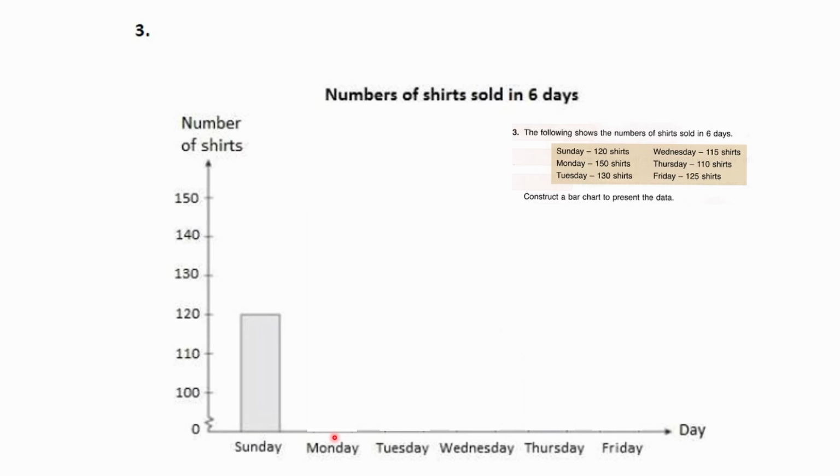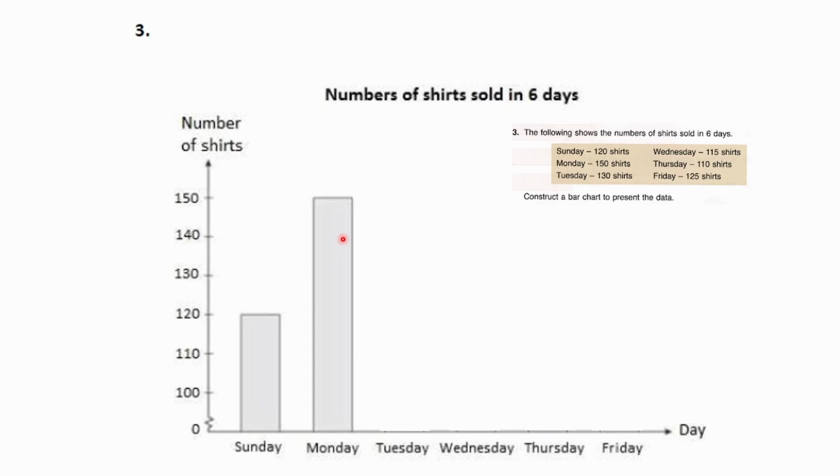So now we do the same for Monday. Look at Monday, we have 150 shirts. So we go to 150, our top scale. Draw your line with your ruler, 2 straight lines coming down.